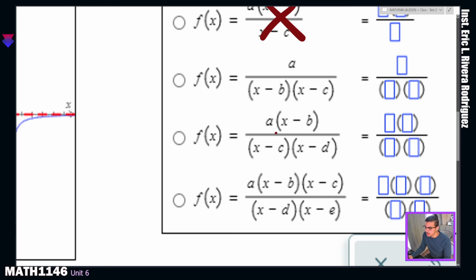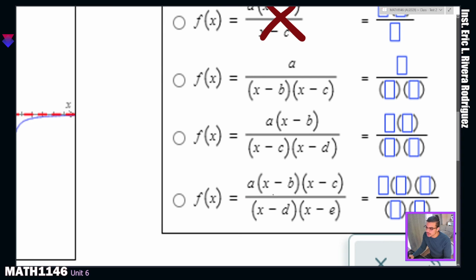Here we have one linear factor on the numerator and two linear factors on the denominator, all of these factors with multiplicity of 1. So that means the degree of the numerator is 1, the degree of the denominator is 2. So the degree of the numerator is less than the degree of the denominator. So this one is also good.